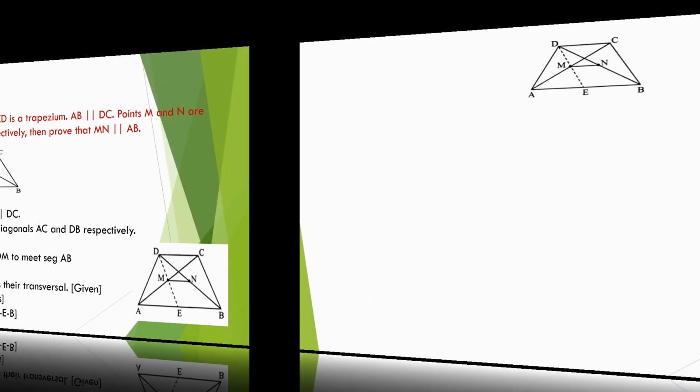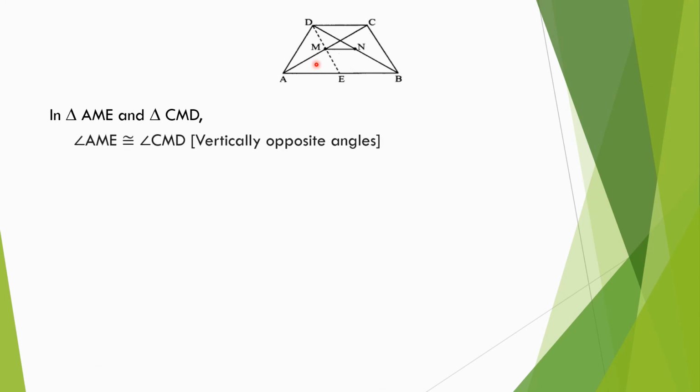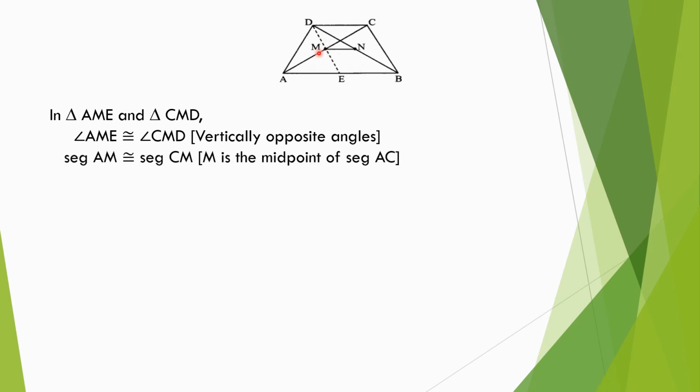And now I am taking the two triangles, triangle AME and triangle CMD. In triangle AME and triangle CMD, angle AME congruent to angle CMD because these two angles are vertically opposite angles. Vertically opposite angles are congruent. And segment AM congruent to segment CM because M is the midpoint of diagonal AC.